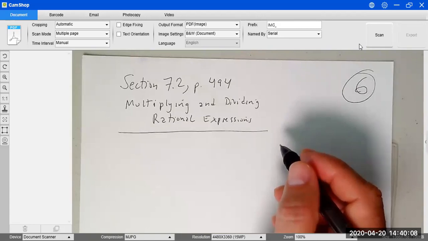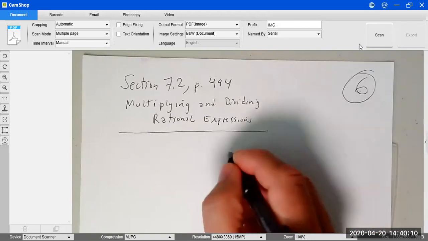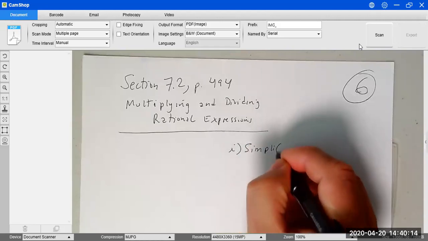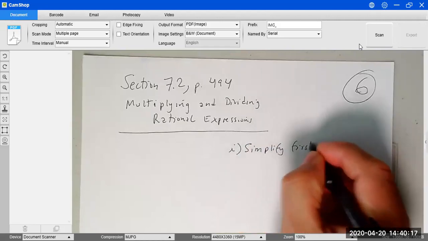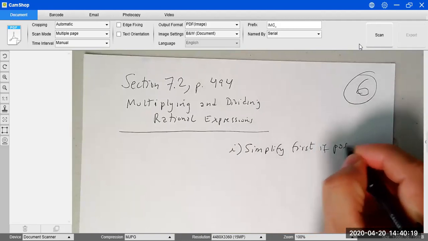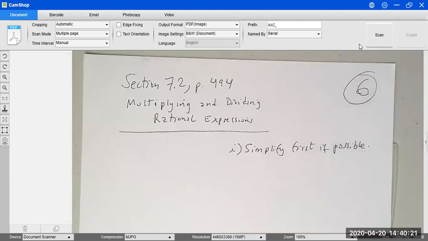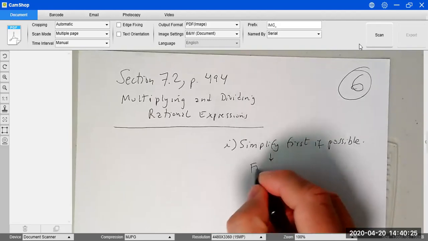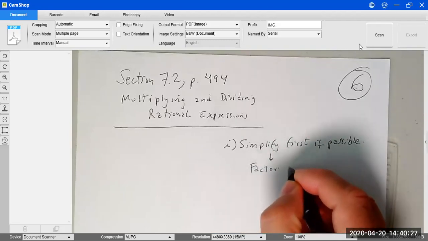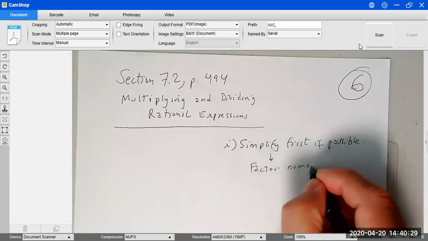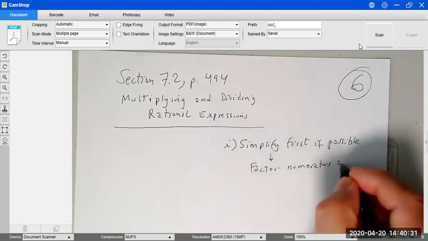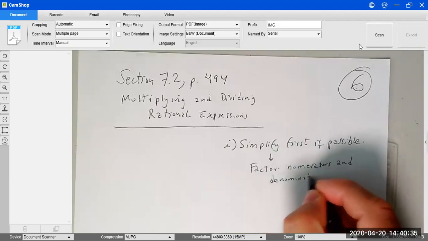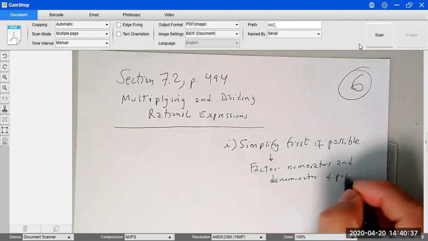The other thing is that you're going to have the opportunity to simplify first. So simplify first if possible. That means that you're going to do some factoring: factor numerators and denominators if possible.